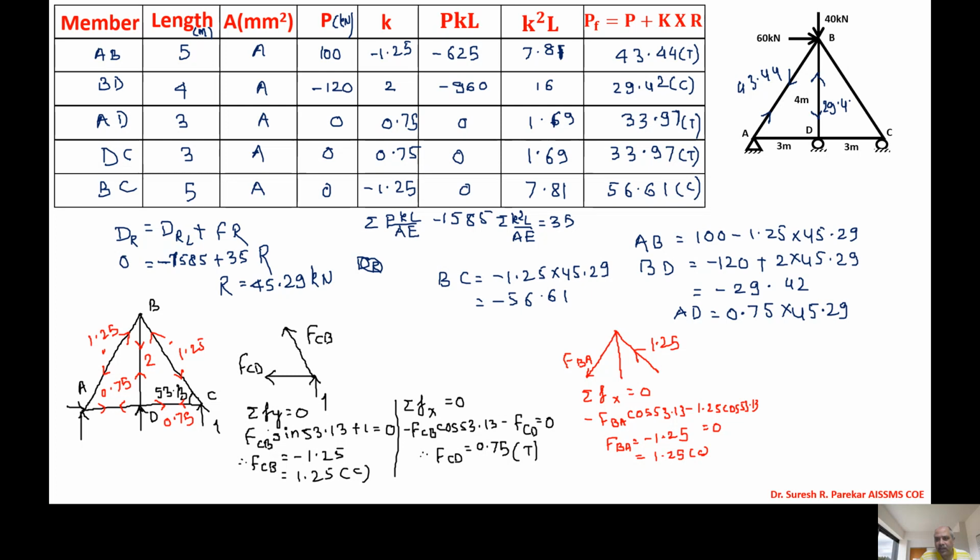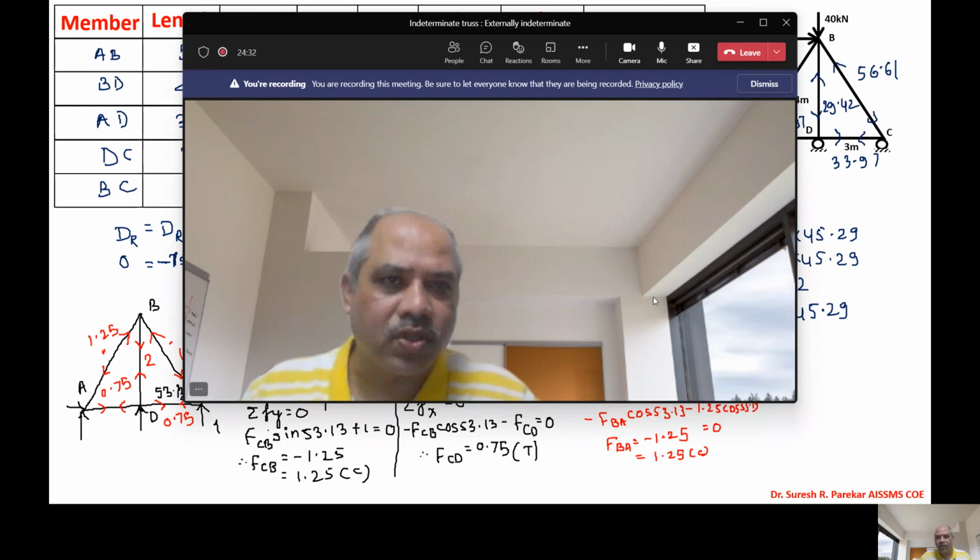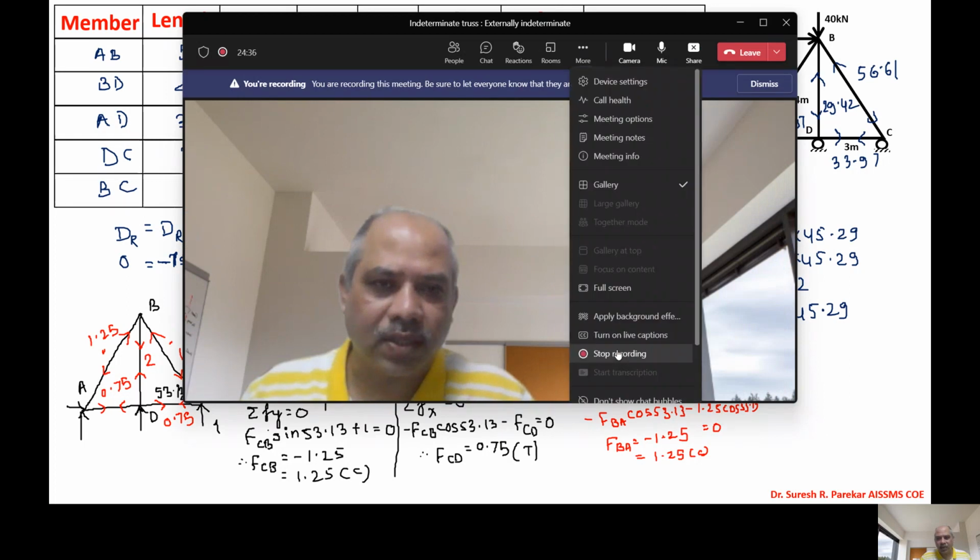Then AD is tensile 33.97, DC is also tensile 33.97, and BC is compression 56.61. So this diagram shows all your forces. We will stop here, and the remaining part we will see in the next lecture. Thank you.